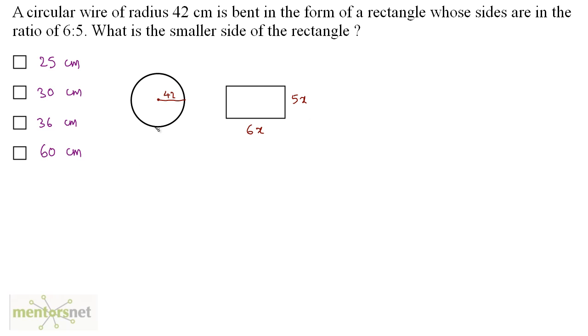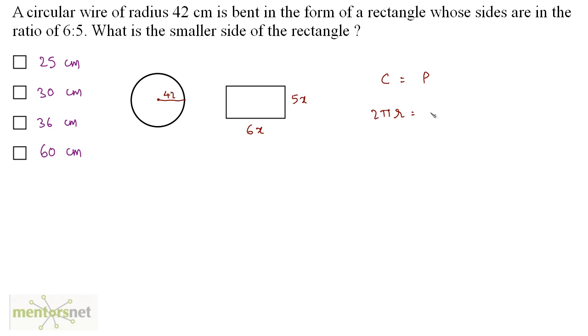Now it is said that this circular wire is bent in the form of a rectangle. That means the perimeter of the circle will be equal to the perimeter of the rectangle. In other words, the circumference of the circle is equal to the perimeter of the rectangle. So C is equal to P. What is the formula to calculate the circumference of a circle? That's 2 pi r.